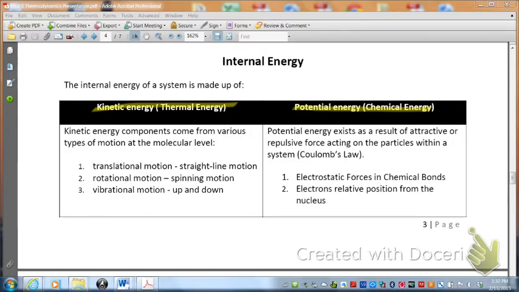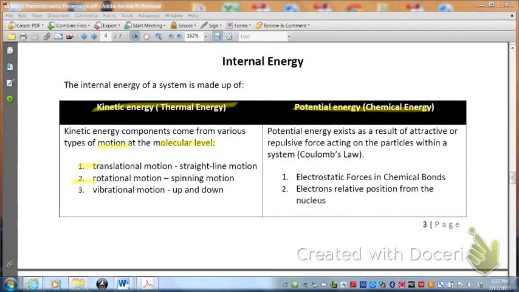Okay, so let's look at what kinetic energy is, and the kinetic energy that makes up a system. The component parts of kinetic energy really deal with the motion of molecules or atoms at the molecular level. And so that's what we're looking at as motion. There are three types of motion that molecules or atoms can take. That is translational motion, which means that molecules or atoms are moving in a straight line.